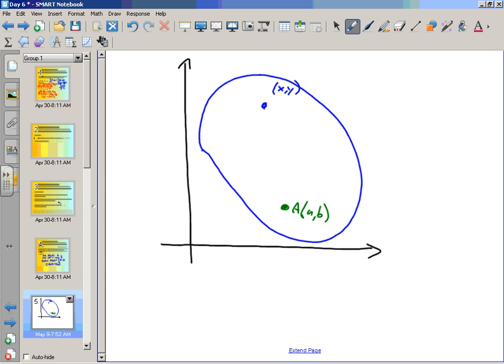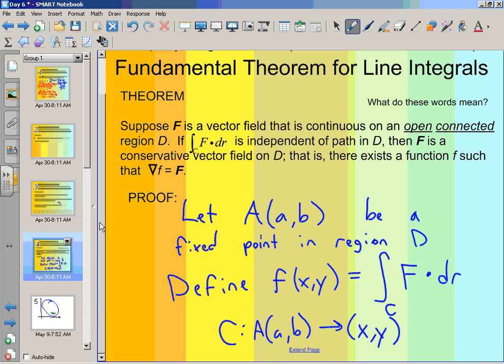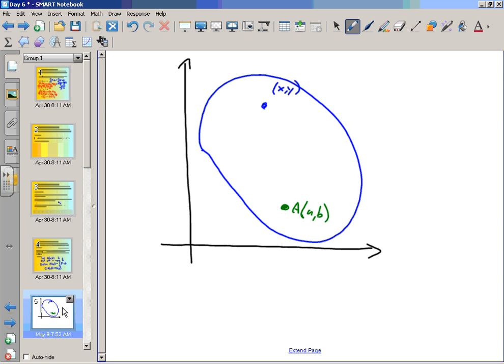Our assumption is that this vector field is independent of path, so it doesn't matter the path we use to get between these two points. For example, we can cook up whatever path we want.